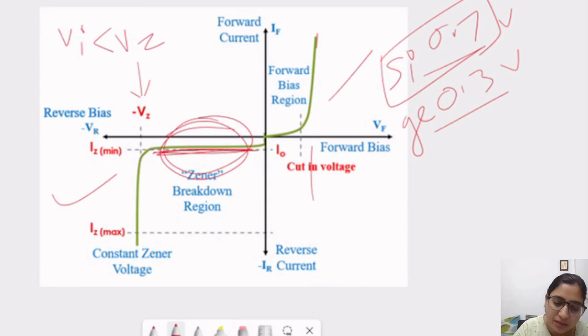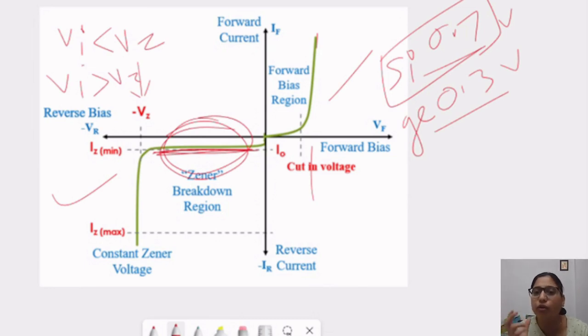After that, when Vz is attained, it means Vi is greater than Vz. When the input voltage reaches, say, 5 volt, what will happen? At 5 volt, Zener breakdown will happen, and here both the Zener mechanism and the avalanche mechanism can occur in a Zener diode.